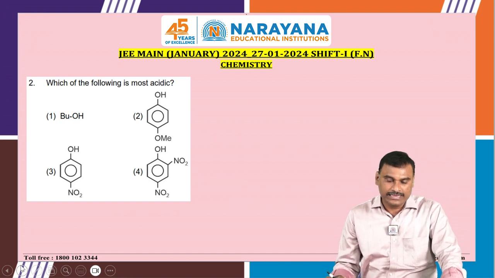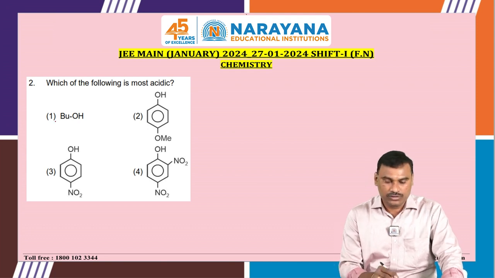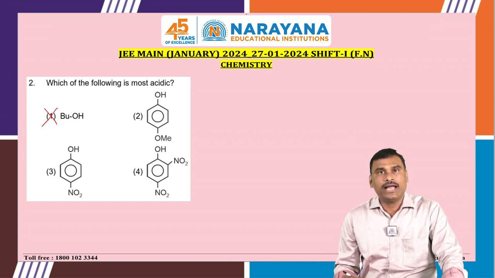Which of the following is the most acidic? Generally, here the options are phenol and alcohol. Phenols are more acidic than alcohol, so the first option is not possible. Among options 2, 3 and 4, the more electron-withdrawing group will stabilize the conjugate base more.